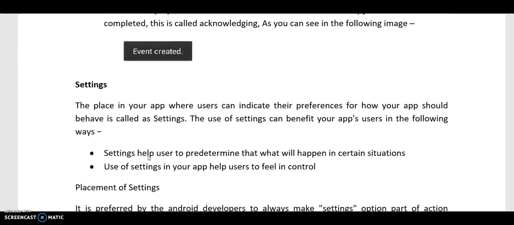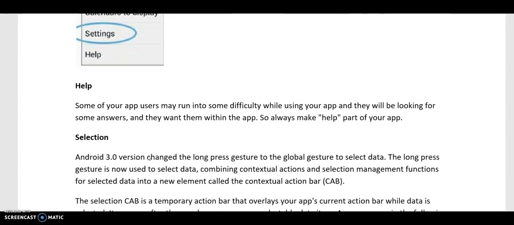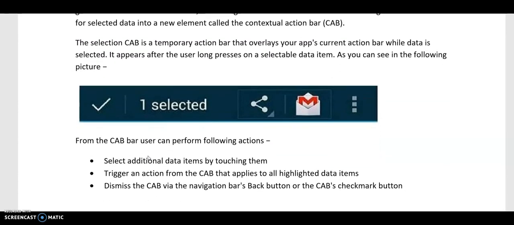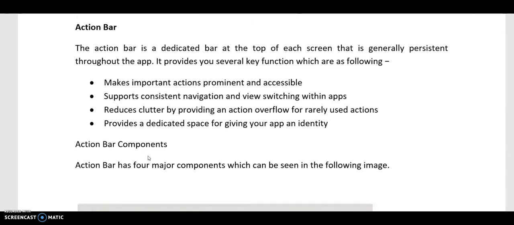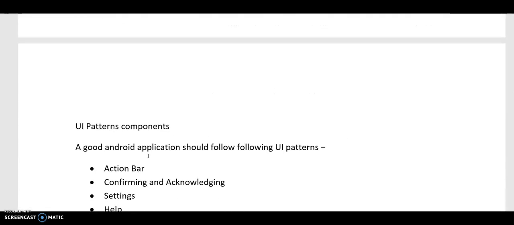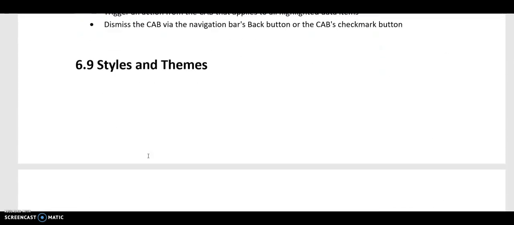You can look into that. Settings would be there, then selection, help. Mostly when you select your photos for deletion or for transfer, you would have seen these options. So these all come under your UI pattern components. You can read through that and get an understanding of it.